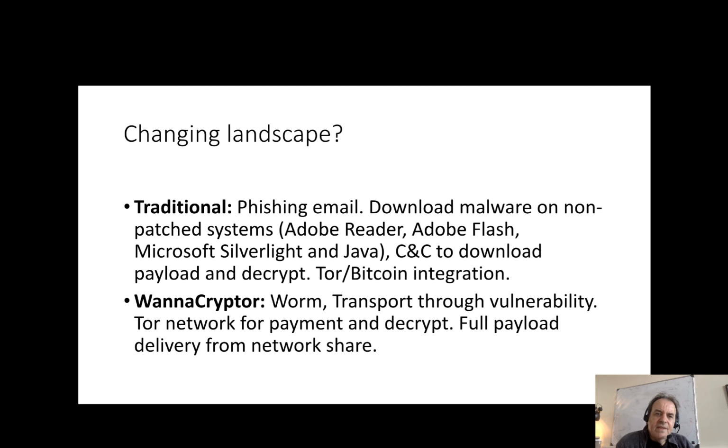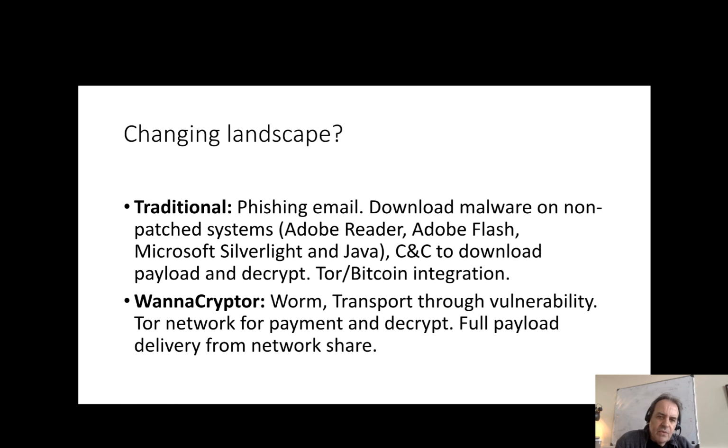And then, are we changing ransomware? The traditional one is to come in through a phishing email, then look at some sort of vulnerability through Adobe Reader, Flash, Microsoft Silverlight, or Java on unpatched systems, then using a proper command and control to deliver the payload and decrypt, and then with Tor Bitcoin integration.